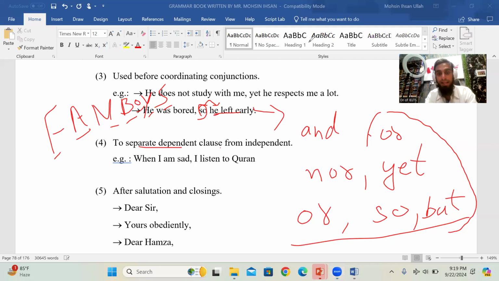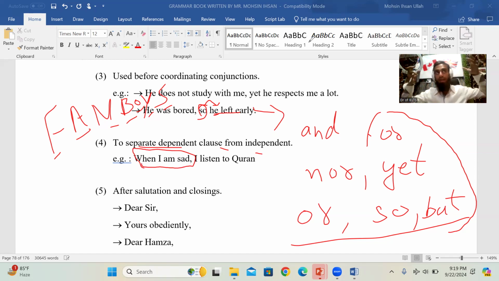Okay, to separate a dependent clause from an independent clause, what does it mean? When you first say any dependent sentence, dependent means when something is dependent on another thing. When the sentence meaning is dependent on the meaning of its next part, like when I say, when I was there, these words are dependent on the next part because it creates a kind of thought in your mind.